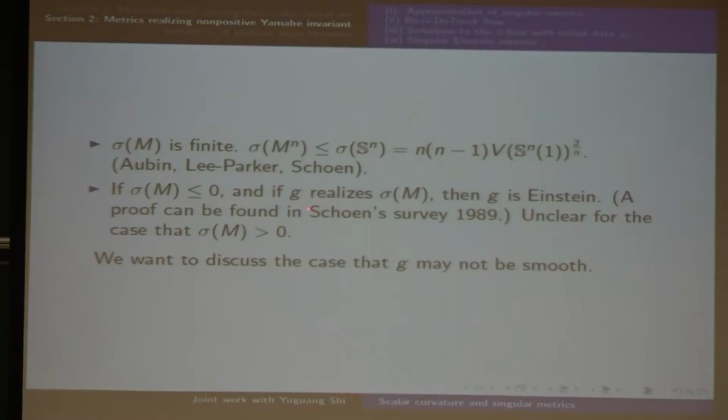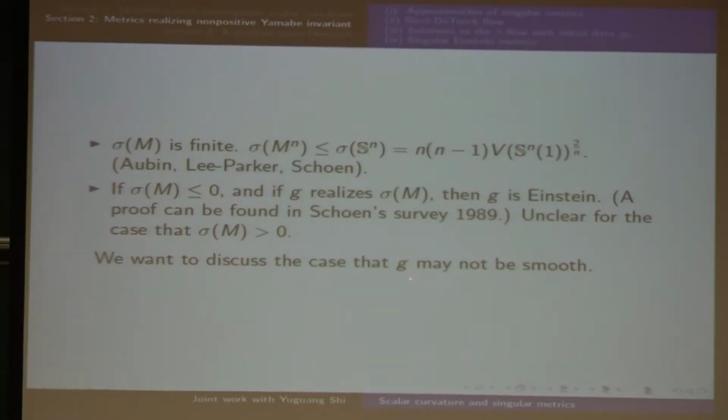That means if g realizes, usually we may not have a metric that realizes sigma M, but suppose it realizes sigma M, then g must be Einstein. If sigma M is positive, then this may not be true. We don't know what the general situation is. Well, we want to discuss this problem.